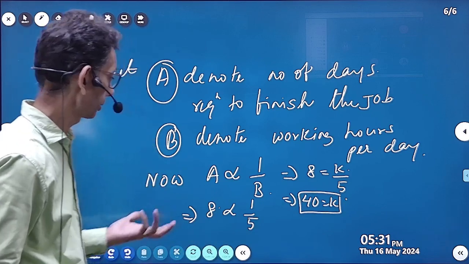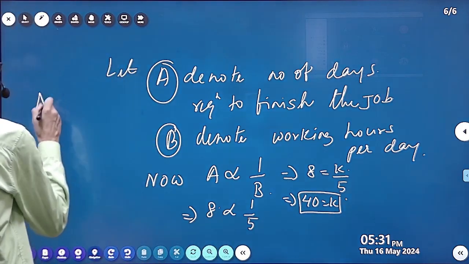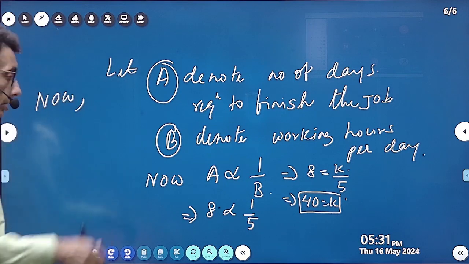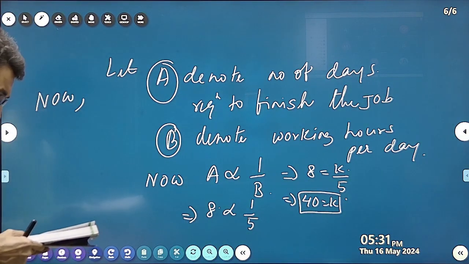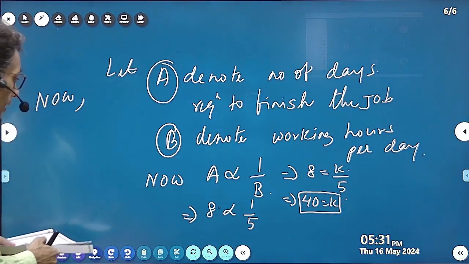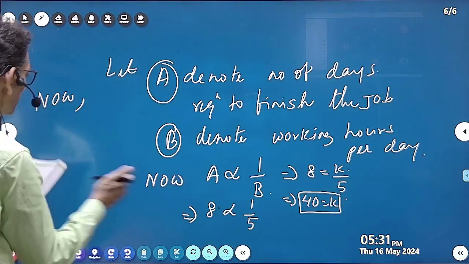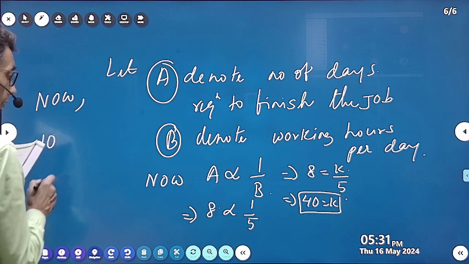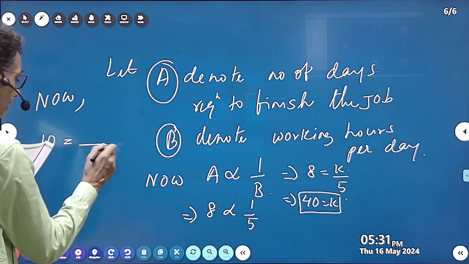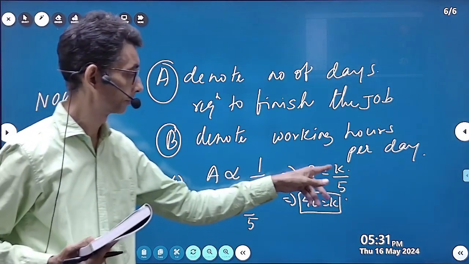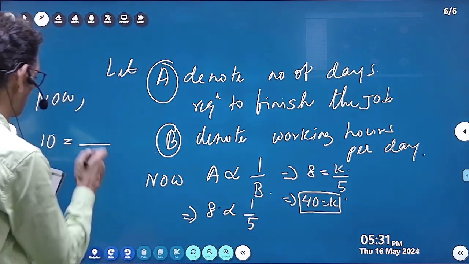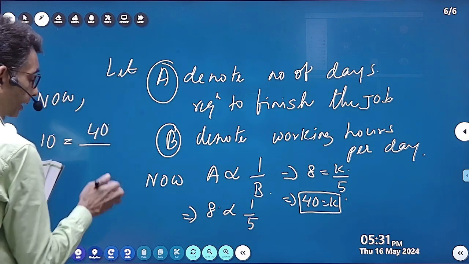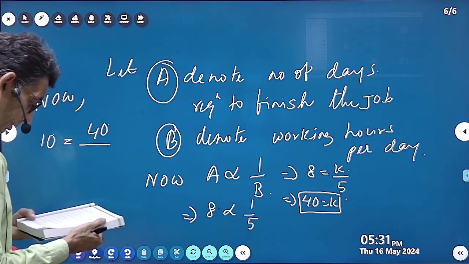Right? Now see the other condition. What is the second condition? If he works 10 hours a day, then A is equal to K by B. You know K, you got the value of K. K is 40.